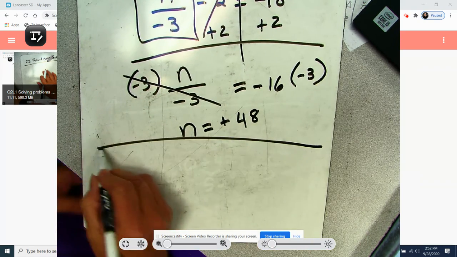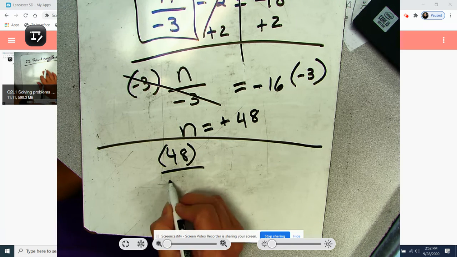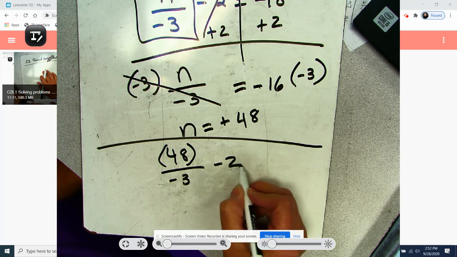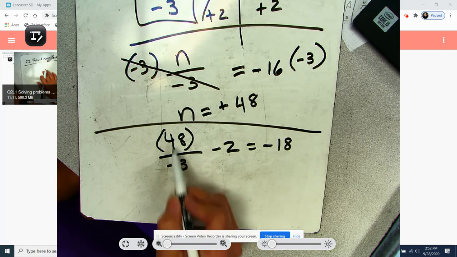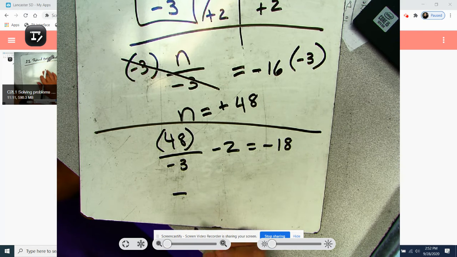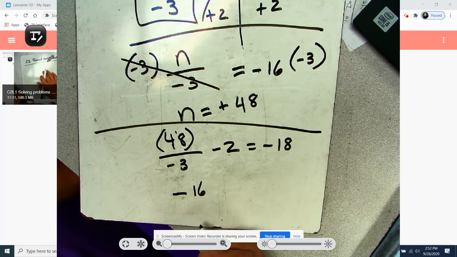Did I do it right? Let's see. 48 divided by negative 3 minus 2 equals negative 18. Positive divided by a negative is a negative. 3 goes into 4 one time with 1 left over. 3 goes into 18 6 times.